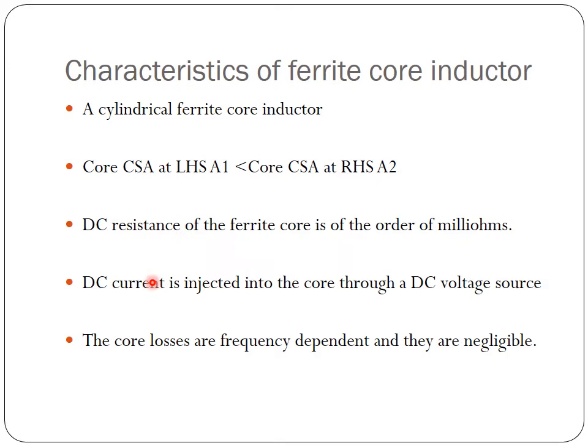DC current is injected into the core through a DC voltage source or DC current source, and as there is no frequency component here, I am injecting only DC. The core losses are mostly frequency dependent, therefore they are negligible.